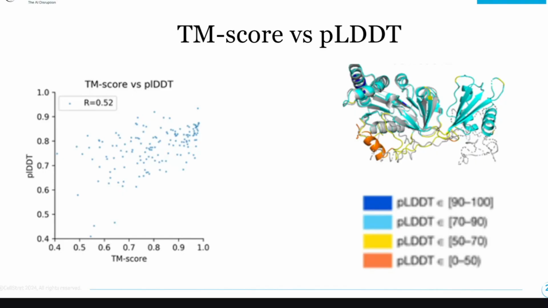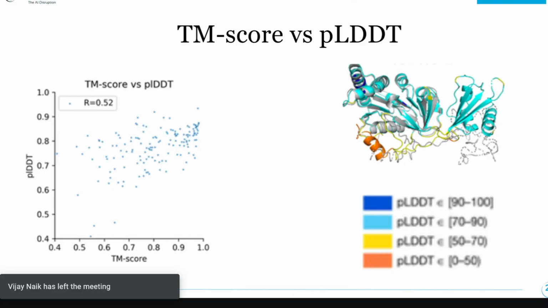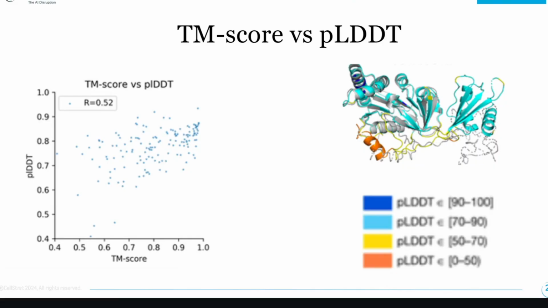When you're superimposing two proteins, how do you know that this protein is similar to the other one? That is the underlying principle that every drug discovery scientist or bioinformatics person would get into. And TM score and pLDDT score are two metrics that validate that claim.